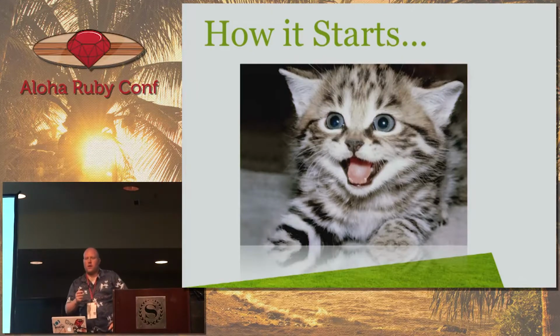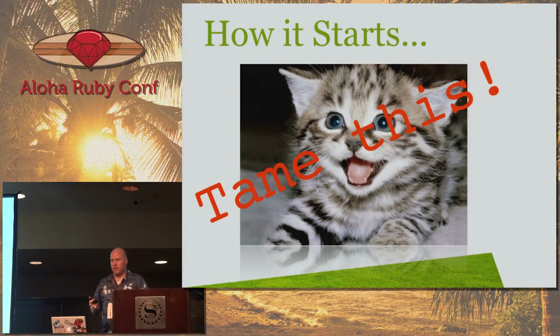So let's talk about this for a minute. We get this application. When you're starting to build it, it's just, oh, we just want something that does this little thing over here, right? So you get something that's reasonably easy to take care of, and you're solving a problem. Your boss basically says, hey, tame this thing.